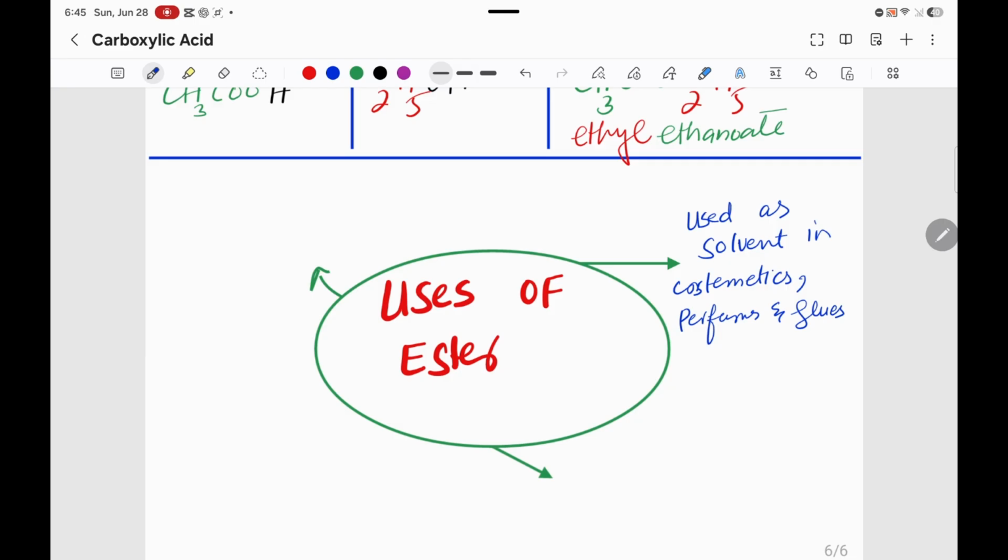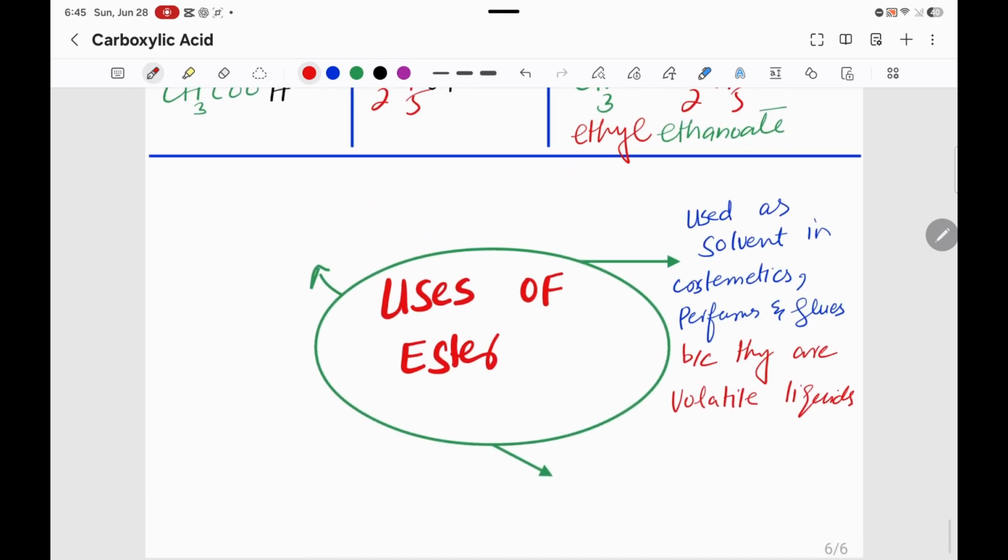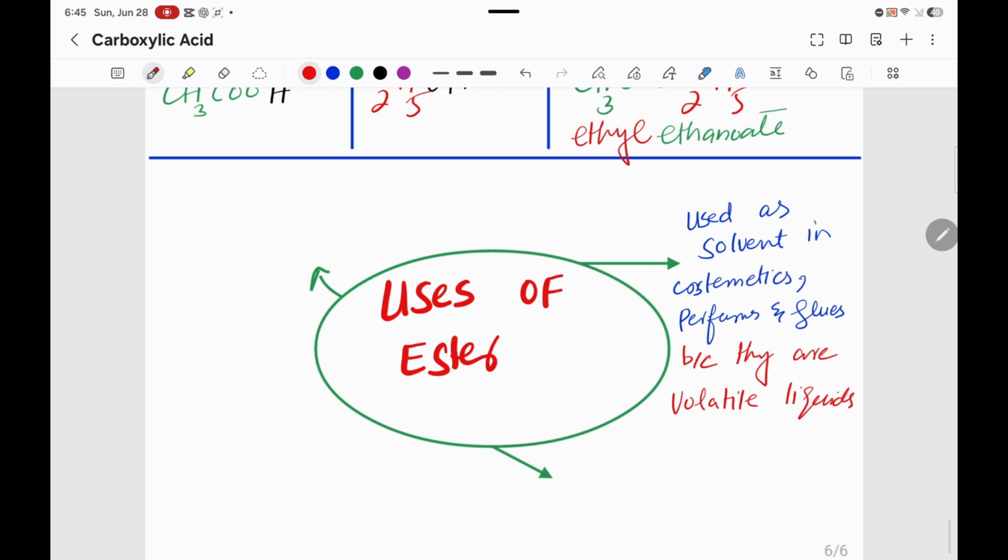Why? Because they are volatile liquids, so it makes them suitable to be used here.